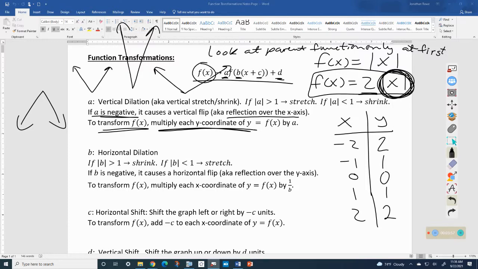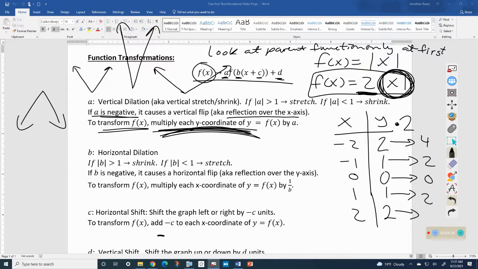Then if I have an A in front of it, now I'm going to handle that after I've gotten my original values. I'm going to handle those transformations like that 2 here. What do we do? Multiply each y-coordinate by A. So all these y-coordinates are going to get multiplied by 2 in this case. So that's going to be now a 4, a 2, a 0, a 2, and a 4.